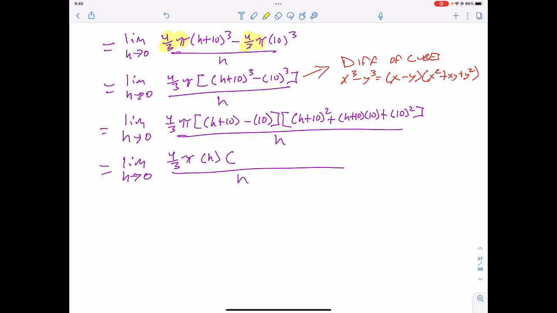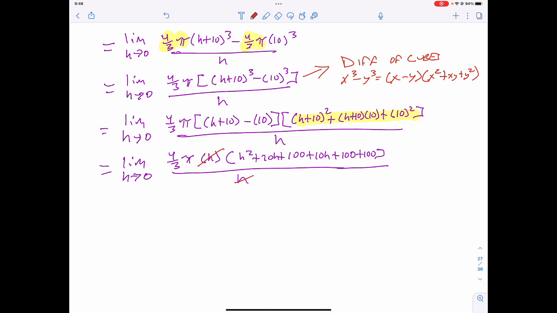When I expand out this numerator, I'm going to get h squared plus 20h plus 100 plus 10h plus 100 plus 100. I can also remove that common factor of h. Remember, we always have a common factor of h if we do this properly to remove from this equation.